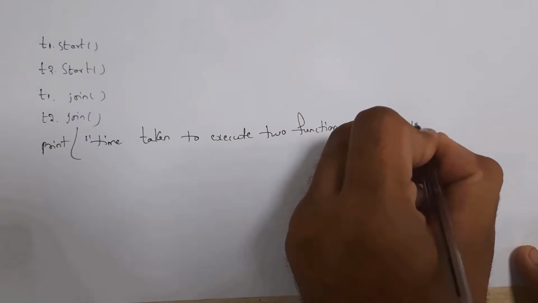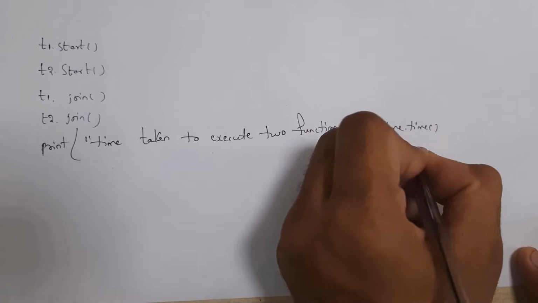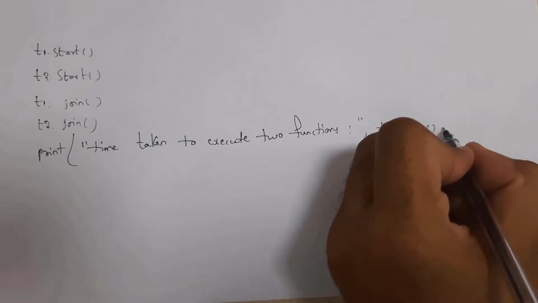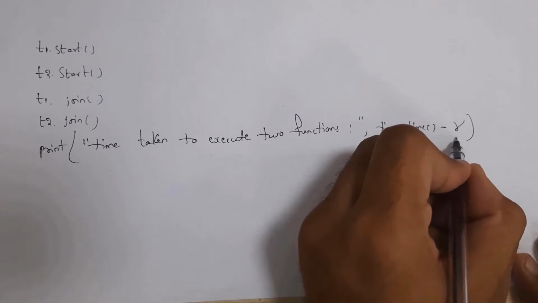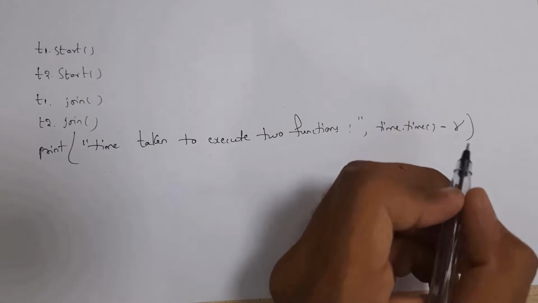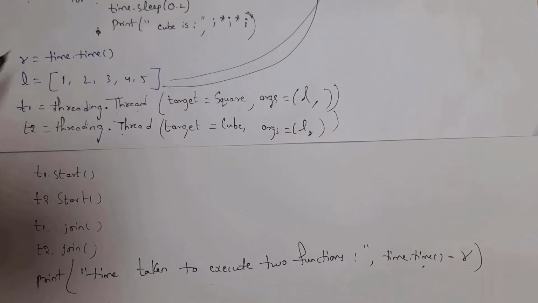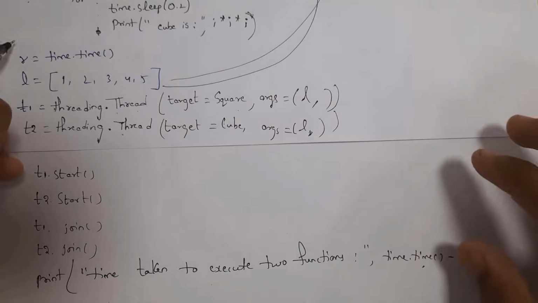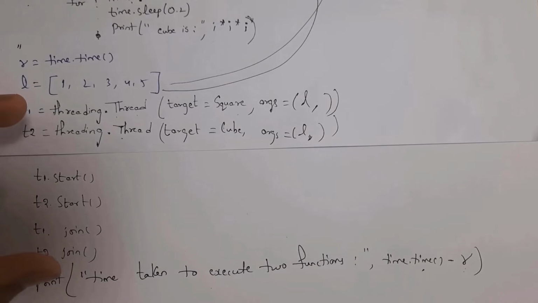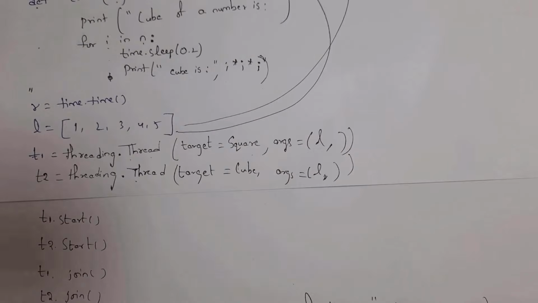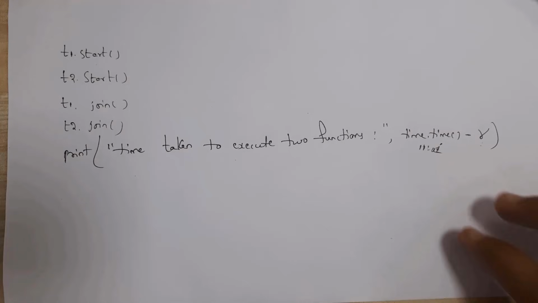time dot time, where time dot time will store present time. So time dot time minus r. R is nothing but time before execution, and this time dot time is time after execution. For example, before execution time is 11. After executing these two functions by using threading module, time is 11.1 second.